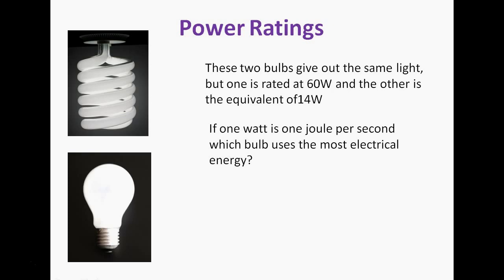Well, clearly this bulb here is the one that's rated at 60 watts, and this means that it transfers 60 joules of energy each and every second. Some of that energy is transferred into light, but quite a lot of it is transferred into heat and lost, so it's not useful energy. The bulb at the top is an energy efficient bulb, and that only transfers 14 joules per second.